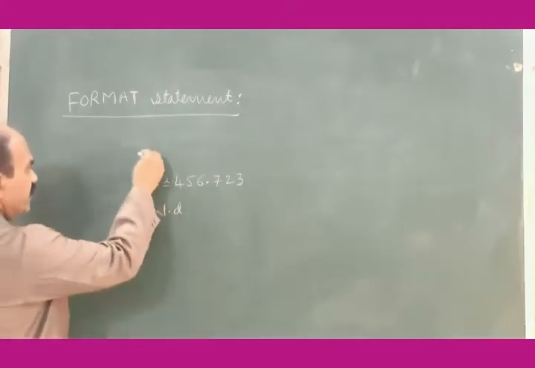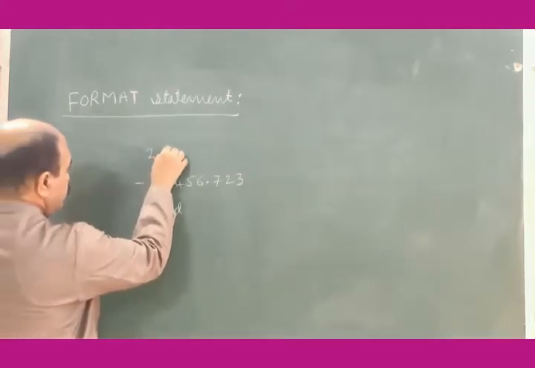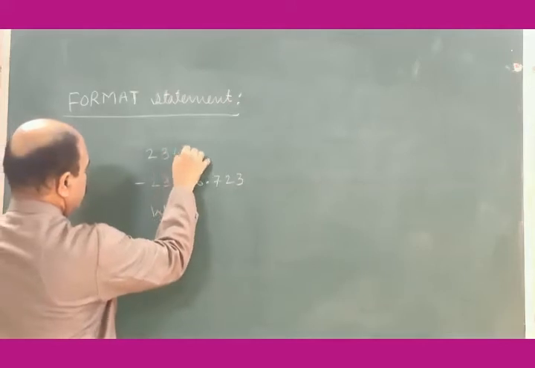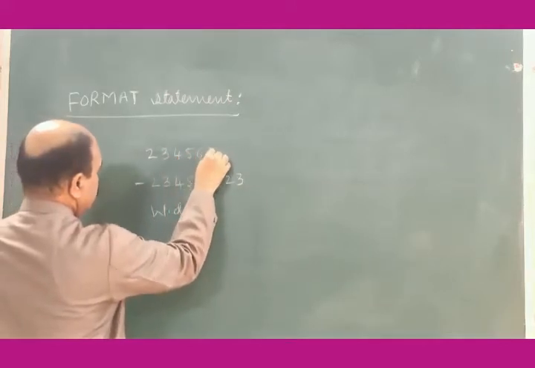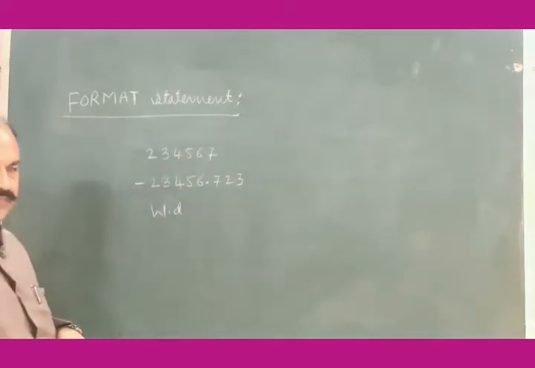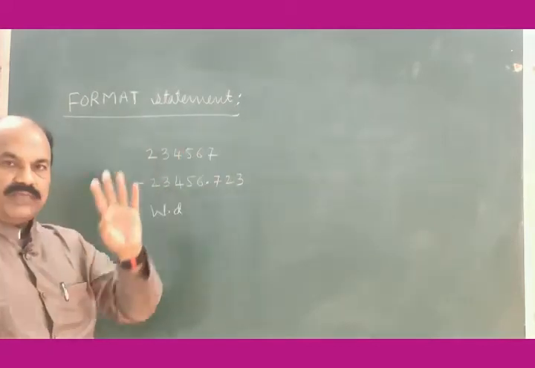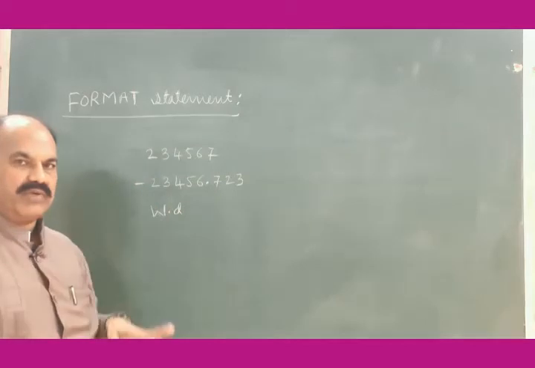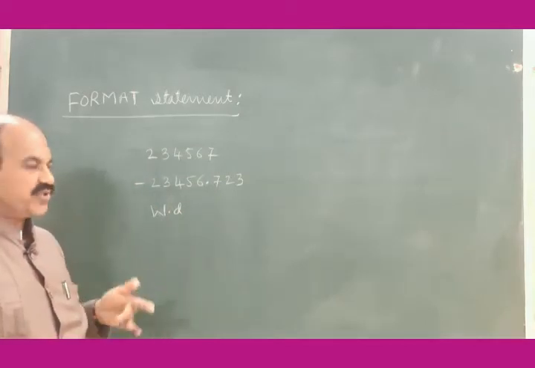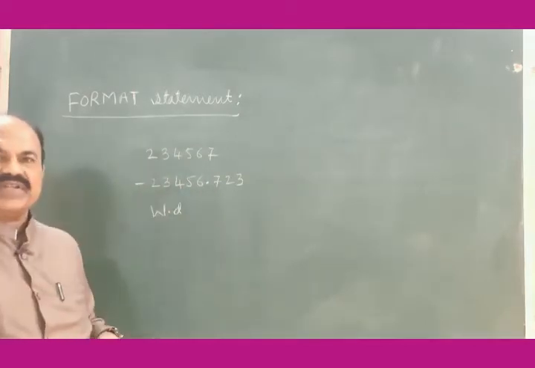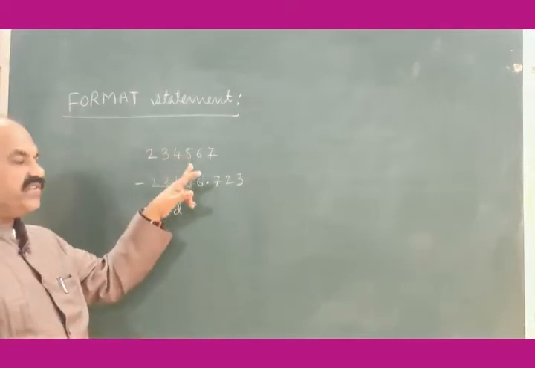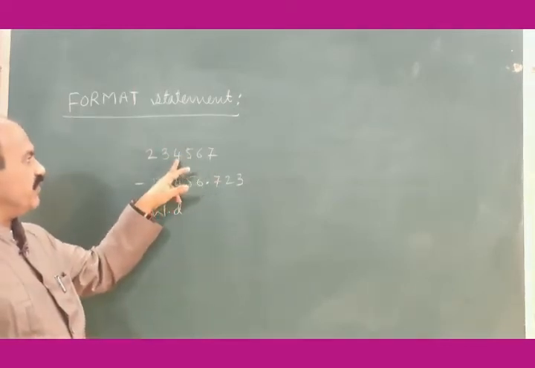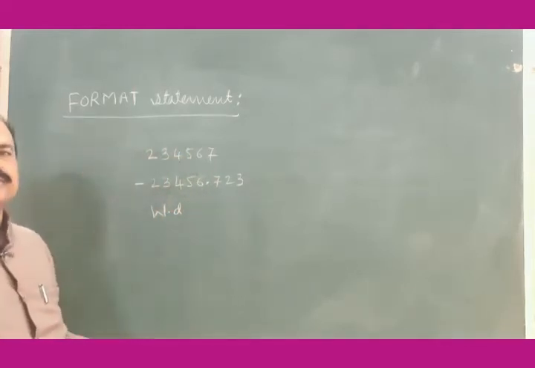If you are given such a number, no sign is given there, so it is a positive number. The positive sign is optional. No decimal point is there. The width is 1, 2, 3, 4, 5, 6.